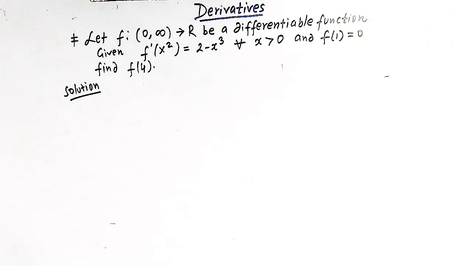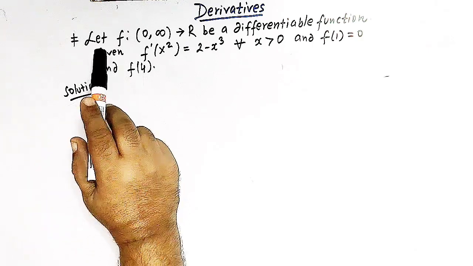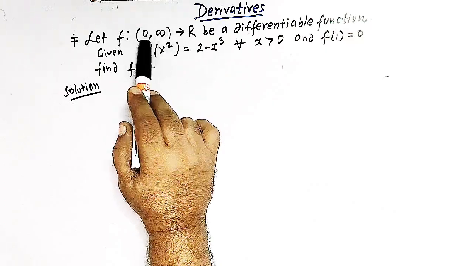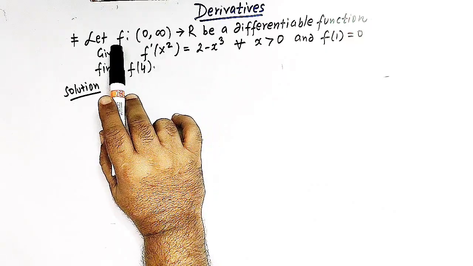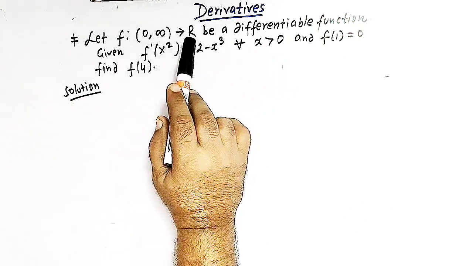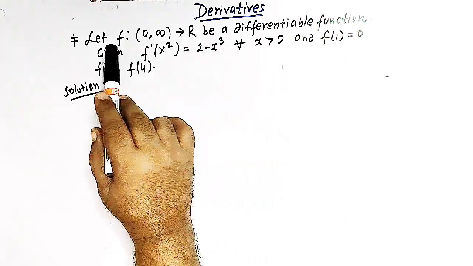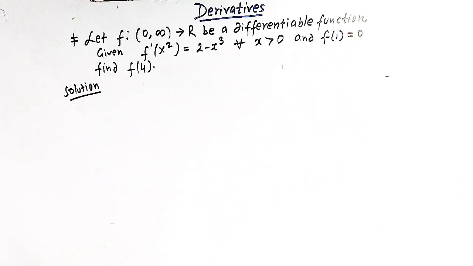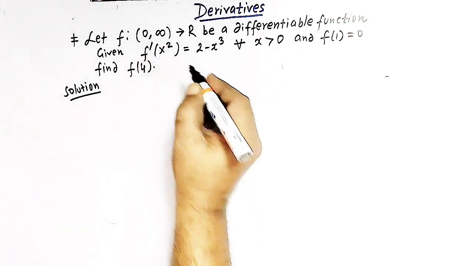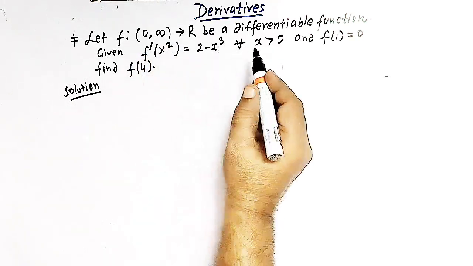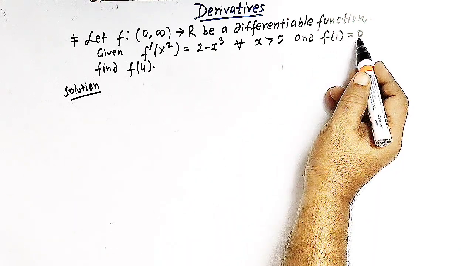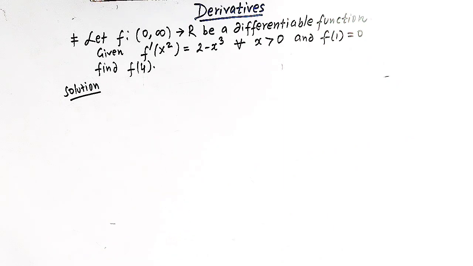In this problem we are given a function f whose domain is 0 to infinity, an open interval, so the function f is from 0 to infinity to the set of real numbers R. This function is given to be differentiable, and further we are given that f prime of x square is 2 minus x cube for all values of x greater than 0, and f of 1 is given as 0, and we have to find the value of f of 4.